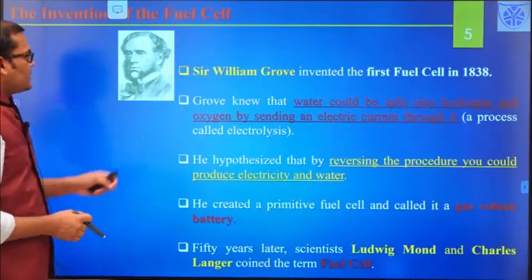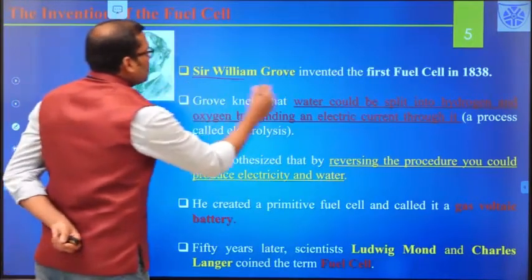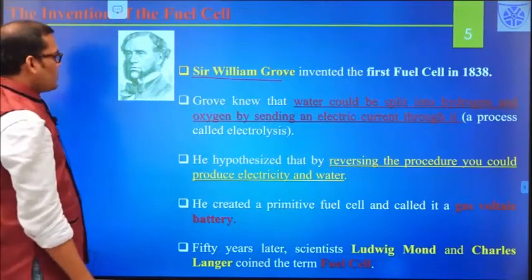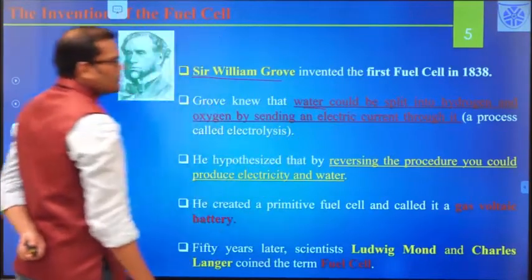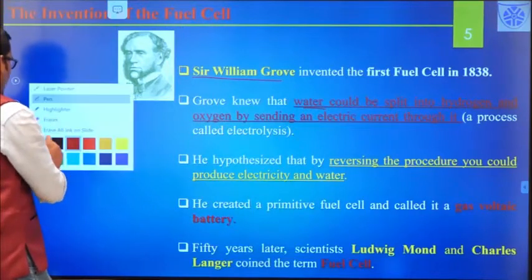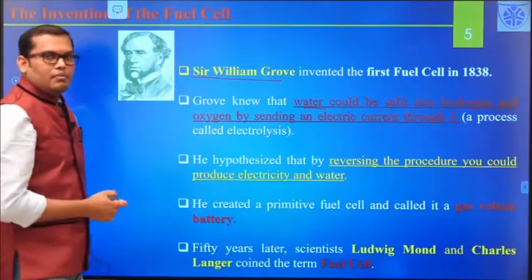Now the fuel cell was first invented by Sir William Grove in 1838. What he knew was that water could be split into hydrogen and oxygen by sending electricity.